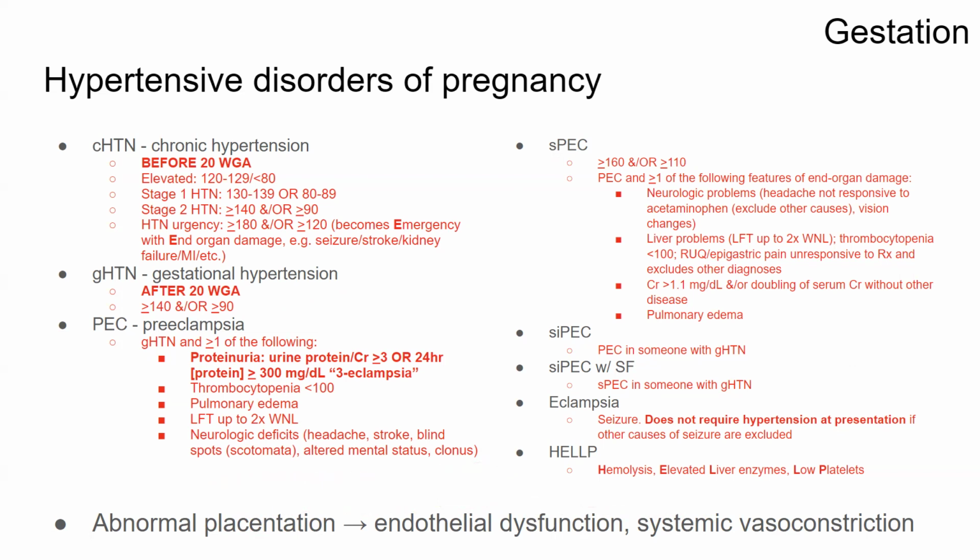And so mom's circulatory system is like, I need to help this placenta, and it's not good. So it tries to perfuse it by causing systemic vasoconstriction to keep blood going to the placenta. That can cause hypertension. And then you have endothelial dysfunction, which can cause all of this end organ damage stuff. But it ultimately boils down to this.